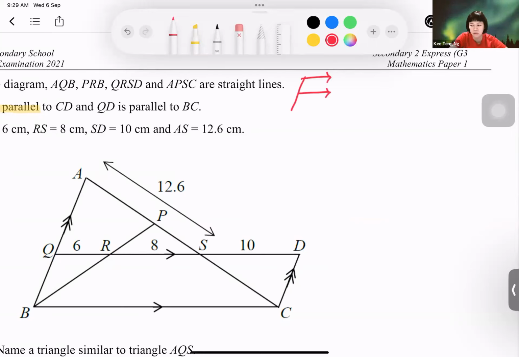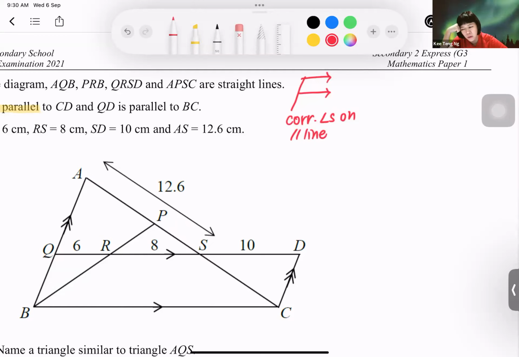What kind of angles do we have? I give you a clue, starts with C. Corresponding angles. Thank you. Corresponding angles on parallel lines.